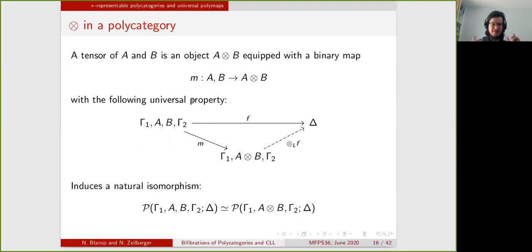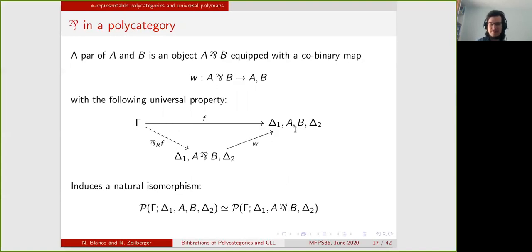So by an identity on A and an identity on B, I should get this map that goes into A tensor B. And this will induce a natural isomorphism between maps that go from A, B and polymaps that go from A tensor B. In one direction, we get this isomorphism by composing with M, and in the other direction by factorizing. So this natural isomorphism is represented by this correspondence between these two maps.